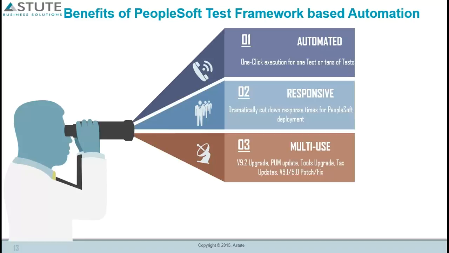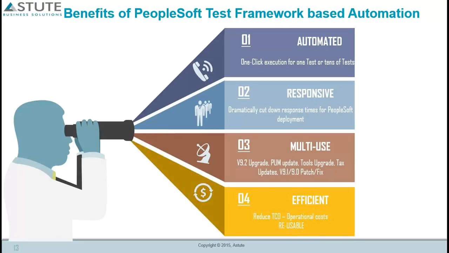One of our most recent implementations has been for an HCM 9.2 upgrade, and the customer is using PTF to also test all of their integration broker-based integrations. So there's a lot of capability here and easy to use as well.